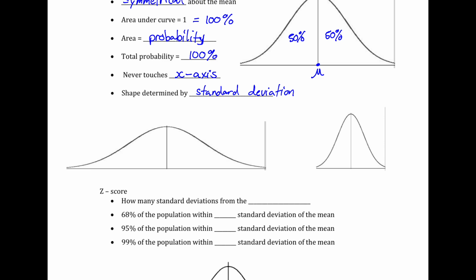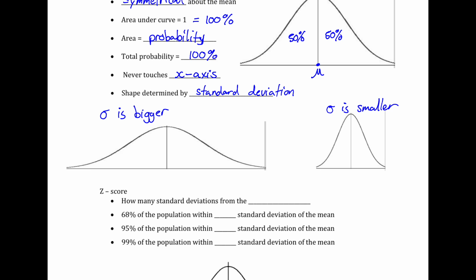Remember, what's our symbol for standard deviation? You guys remember that from the other lesson? Yeah, the symbol that looks kind of like that is bigger. And this one, the sigma, is smaller.